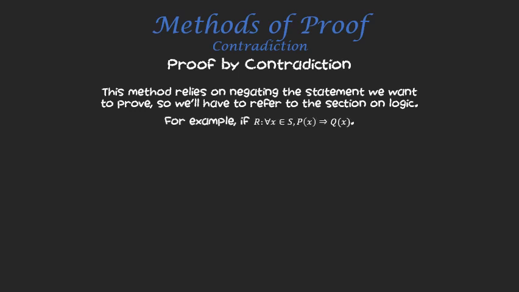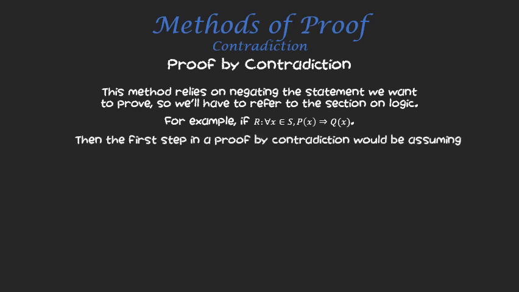If our statement R that we want to prove is a universal statement involving an implication, like for all x in S, P(x) implies Q(x), then if we identify we want to use a contradiction proof here, our first step would be assuming the opposite of this, would be assuming not R, which is then not for all x in S, P(x) implies Q(x). And we talked through this in the first video in this chapter, right?